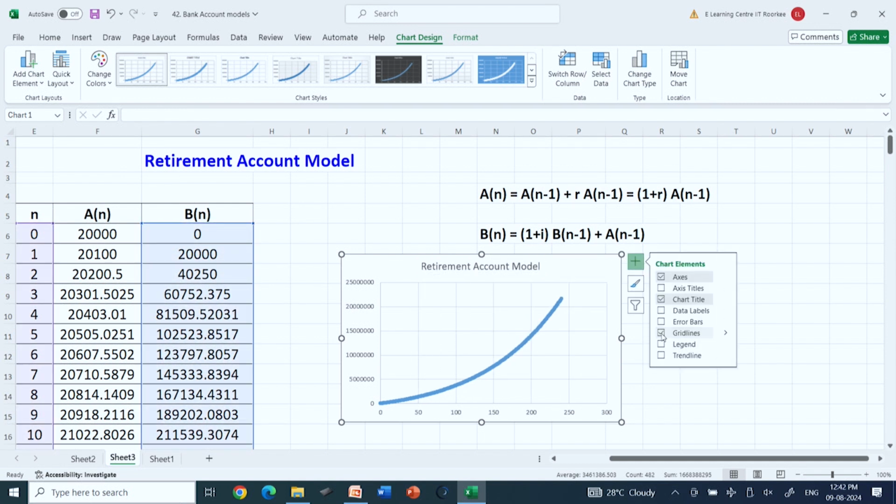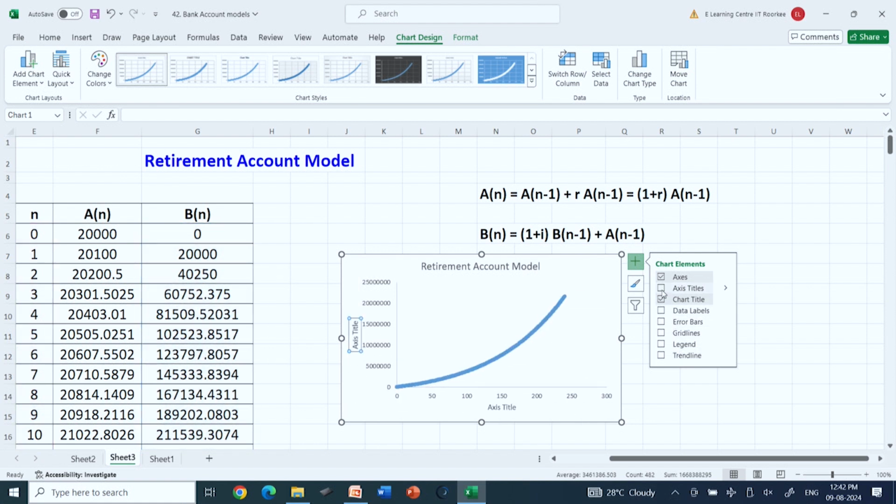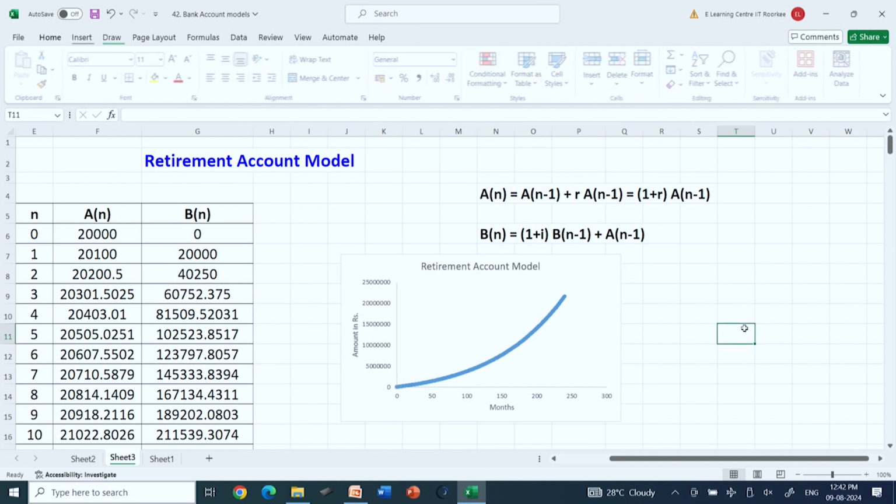I remove the grid lines. If I want the axis titles, this is the month and this is the amount in rupees.